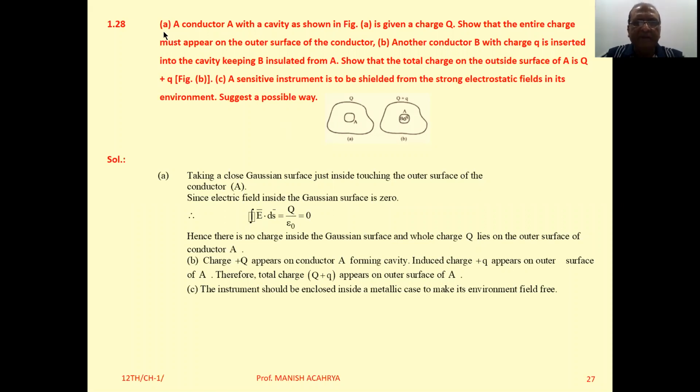1.28. A conductor A with a cavity as shown in figure A is given a charge capital Q. Show that the entire charge must appear on the outer surface of the conductor. B. Another conductor B with charge small q is inserted into the cavity, keeping B insulated from A. Show that the total charge on the outside surface of A is capital Q plus small q.